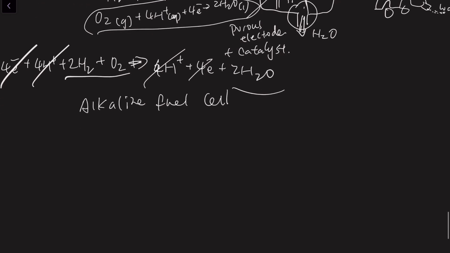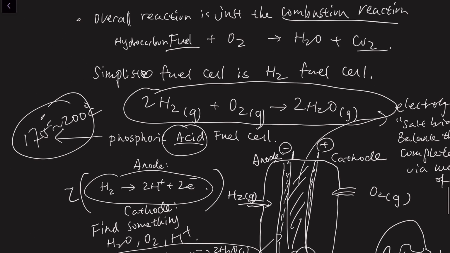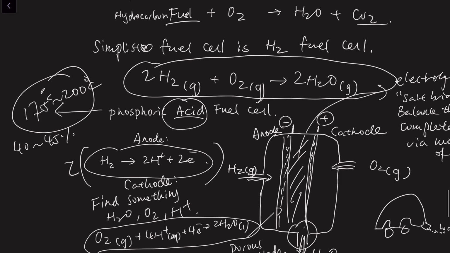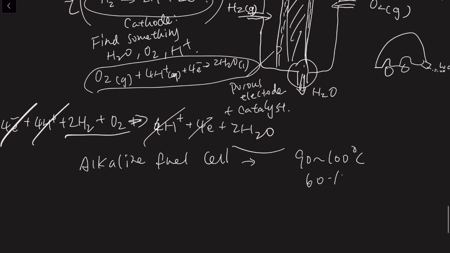But the alkaline fuel cell can operate at 90 to 100 degrees Celsius, which is much more manageable. The efficiency is around 60% compared to 40 to 45% of the phosphoric acid fuel cell.